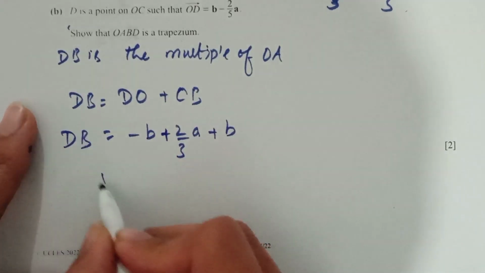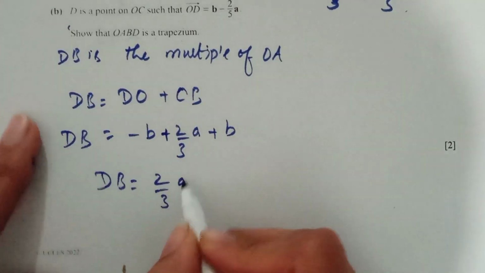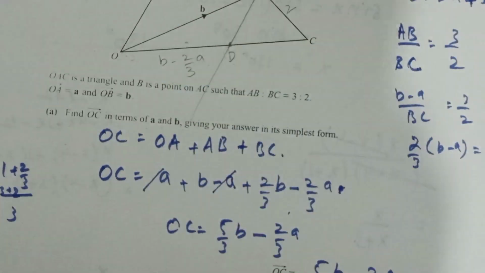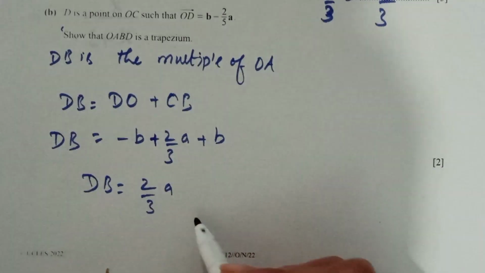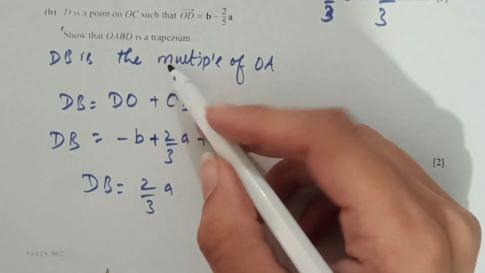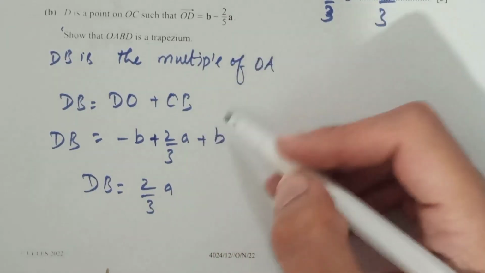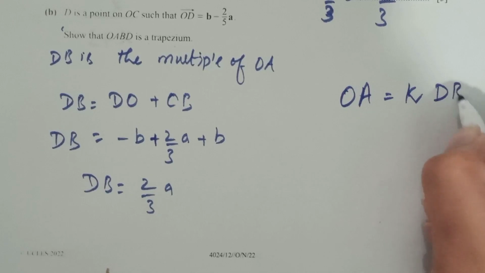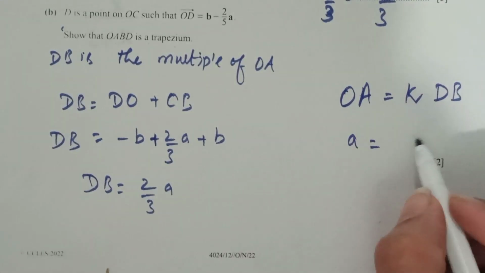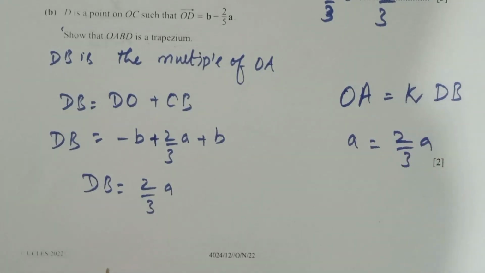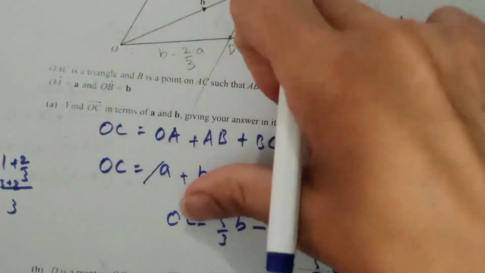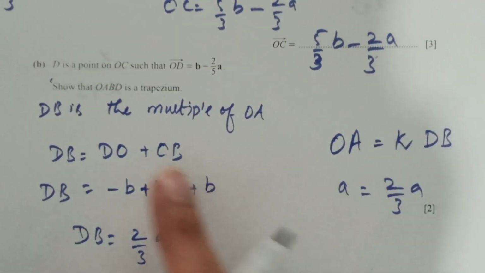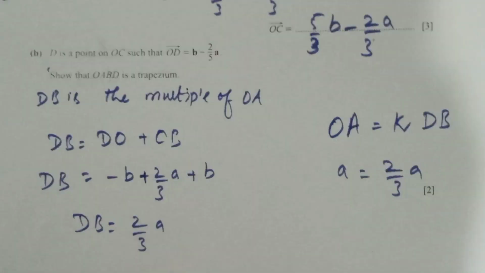When we solve it, DB becomes 2 by 3 a. OA is a, and DB is a multiple of it, 2 by 3 a. So it is proved that DB is parallel to OA, and therefore OABD is a trapezium.